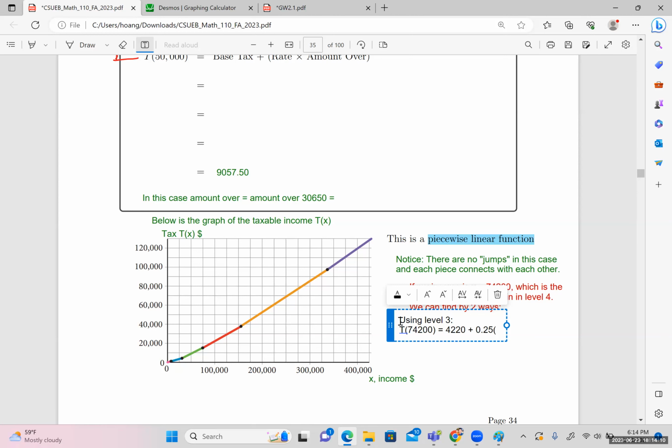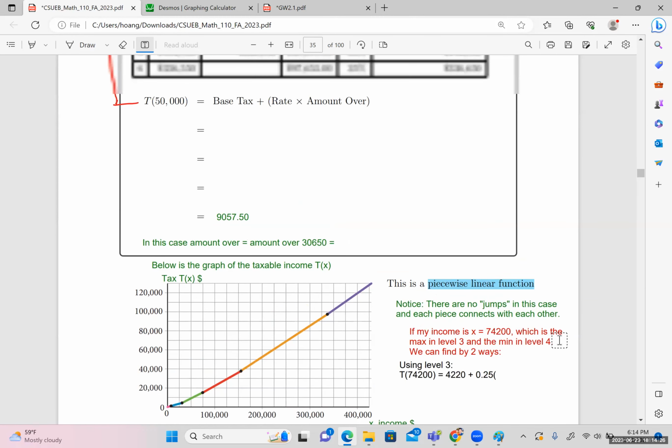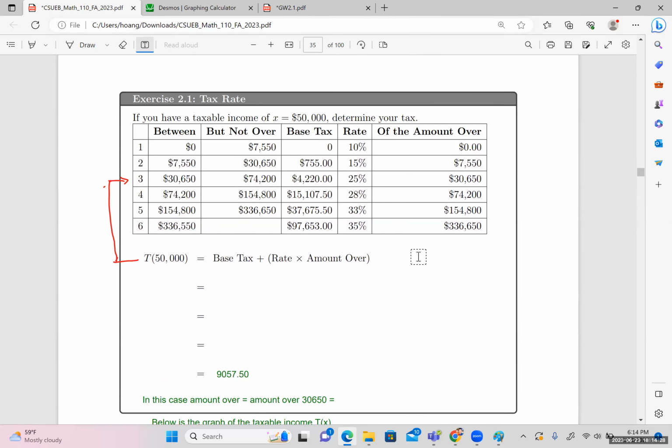I'm going to use the 74,200. Let me check the issue. So 74,200 here, and then minus 30,650. Okay, so good.